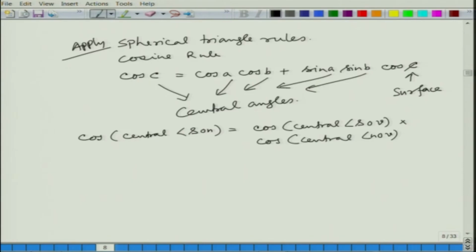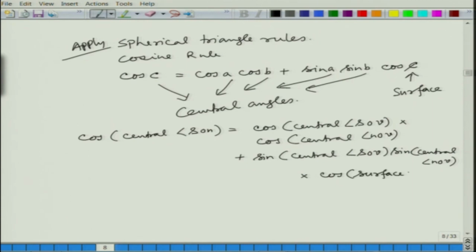Later I will not mention this central or surface as we use them. Okay. And plus sine of central SOV multiplied by sine of central NOV, okay, and this multiplied by cos of surface. So, only one surface angle is there in the cosine rule. So, that is angle SVN. Okay.